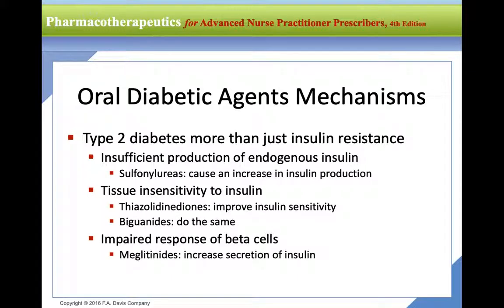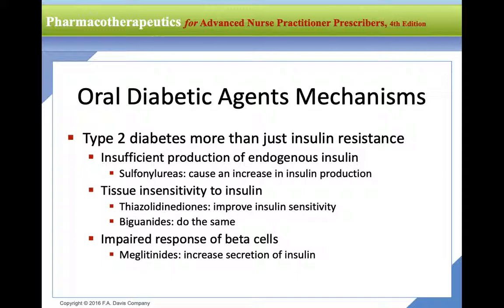Some of the type 2 diabetic oral medications have secondary cardiovascular benefits. They prevent retinopathy, heart attack, strokes, kidney failure, those kinds of things, beyond just lowering the blood sugar and treating diabetes.